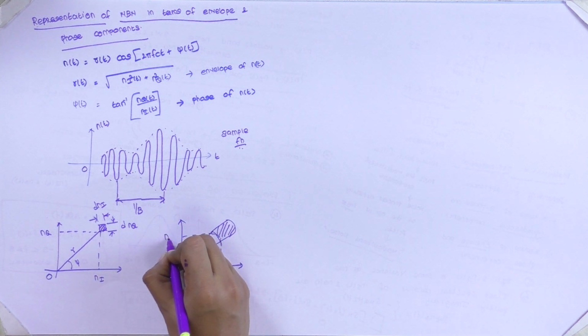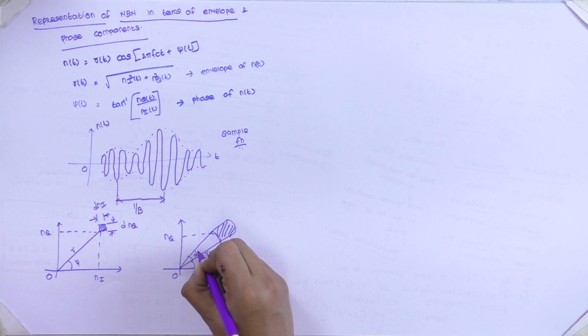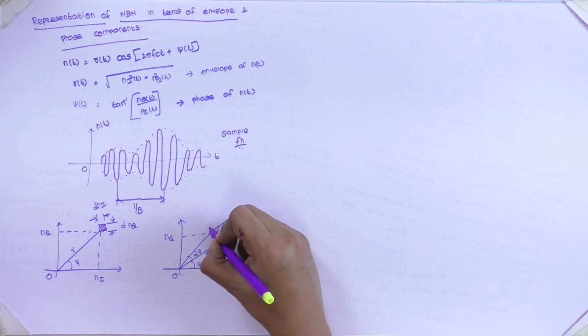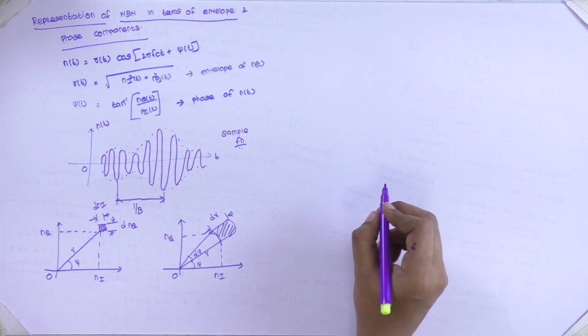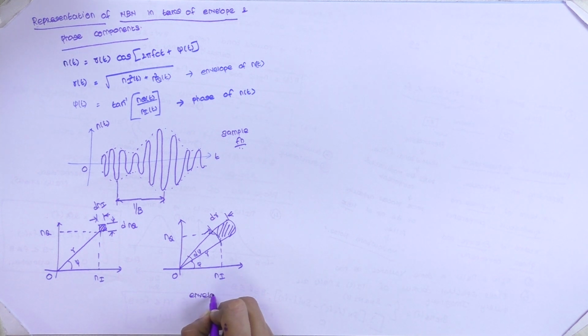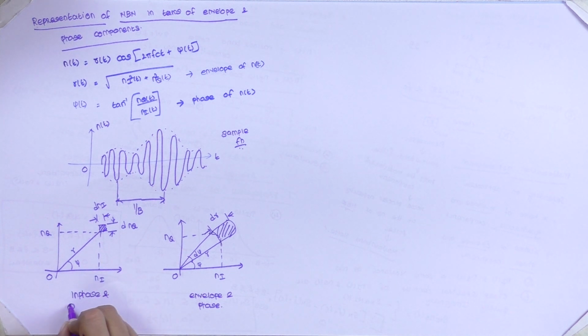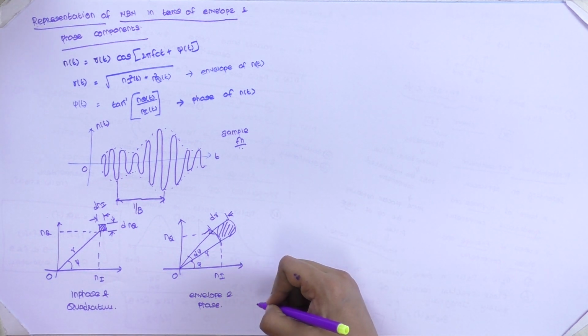This is ni, this is nq, this is r, this is ψ, this is dψ, and this incremental length is referred to as dr. This is in terms of envelope and phase. This is in terms of in-phase and quadrature. Representation in terms of in-phase and quadrature, and envelope and phase.